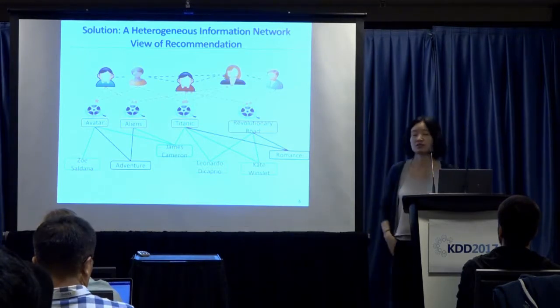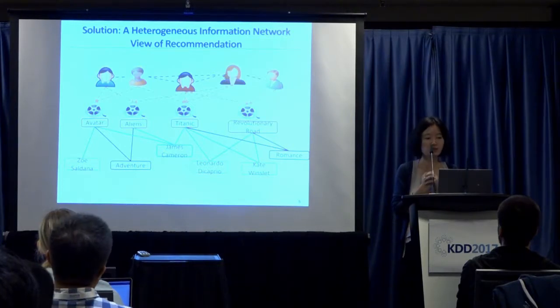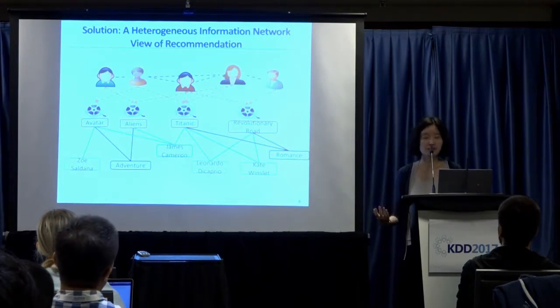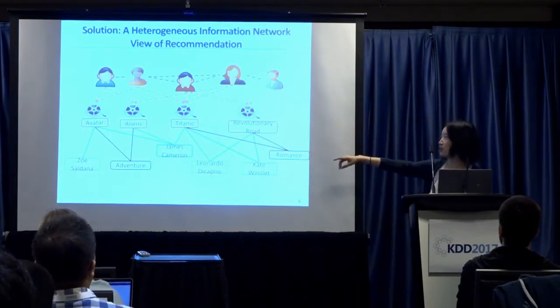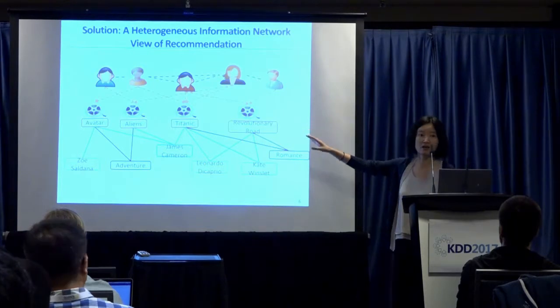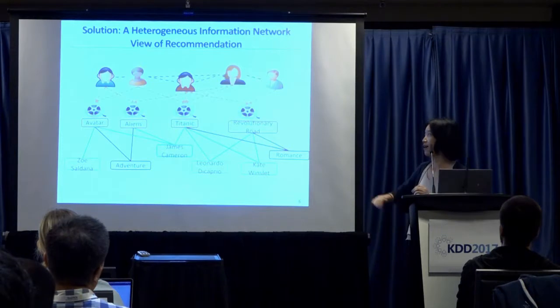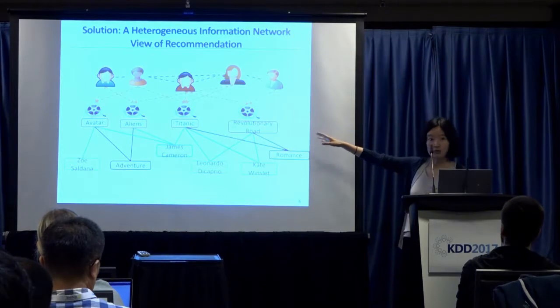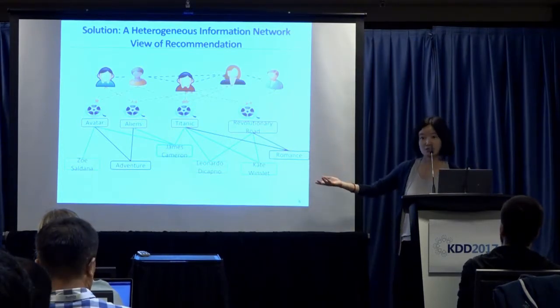But in general, if we look at the solution in a unified framework, we still think that we should look at the recommendation task, or the data that we can collect for the recommendation task, as a heterogeneous information network. So in addition to the users and items and the interactions between them, we actually do observe other types of data, right? For example, the movies are also linked to directors, actors, actresses, right?